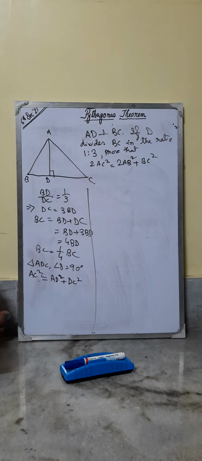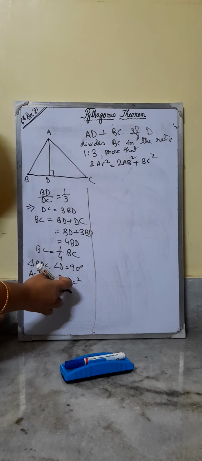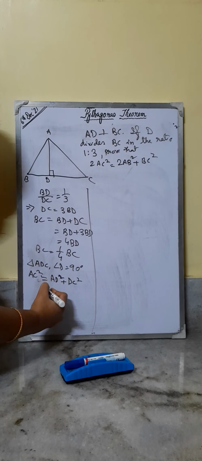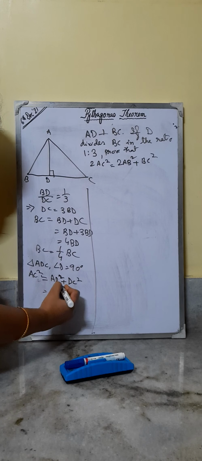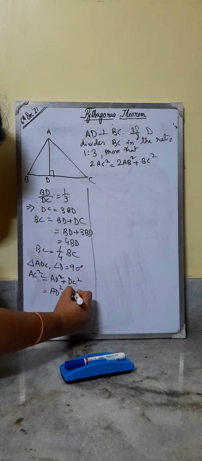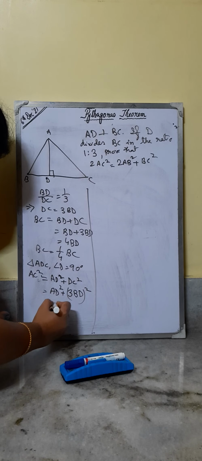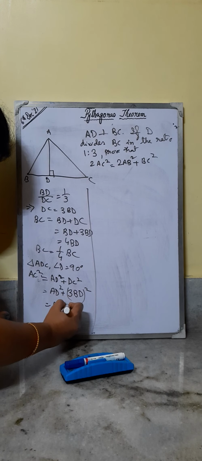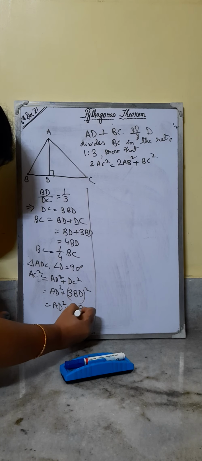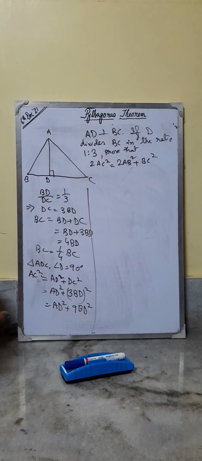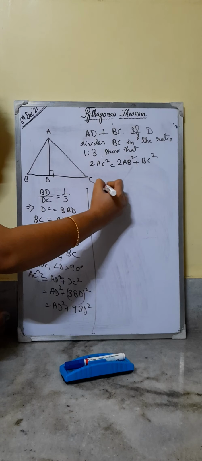So now in place of DC we can write 3BD. AD square plus 3BD whole square. What do we get? AD square plus 9BD square.